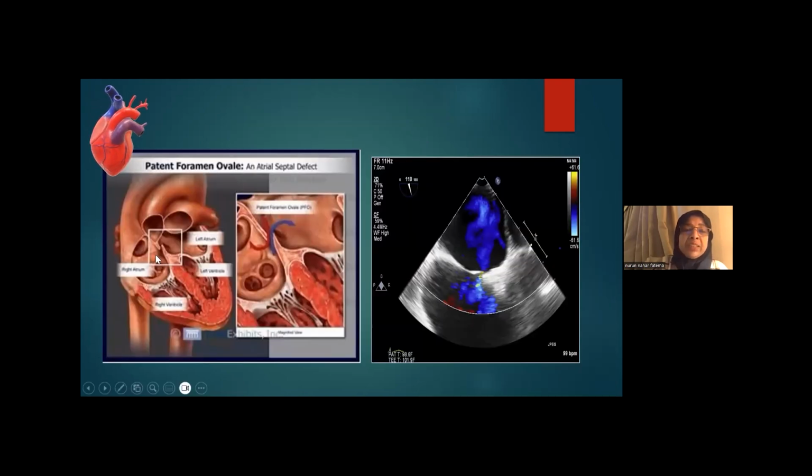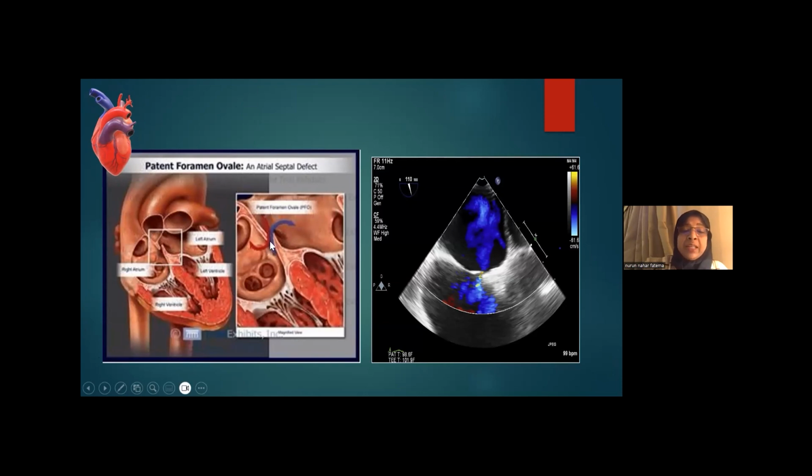So this is the patent foramen ovale, and you see the septum primum and septum secundum, and this is a space where they can touch each other if the left atrial pressure is higher than the right atrial pressure. But if the right atrial pressure is higher, it will open and blood will move from the right atrium to the left atrium.